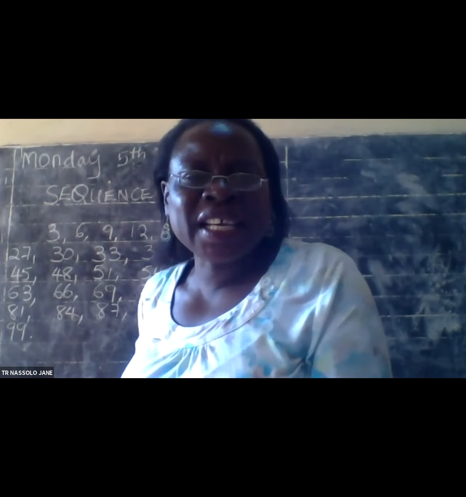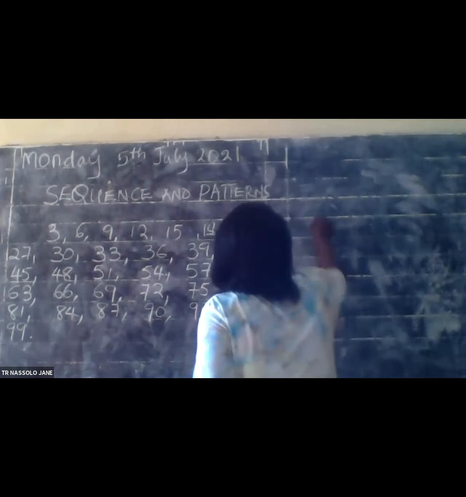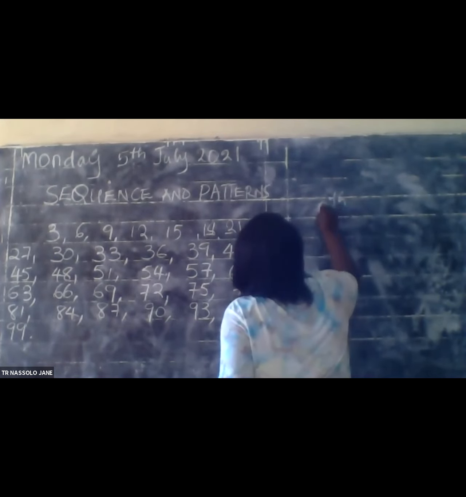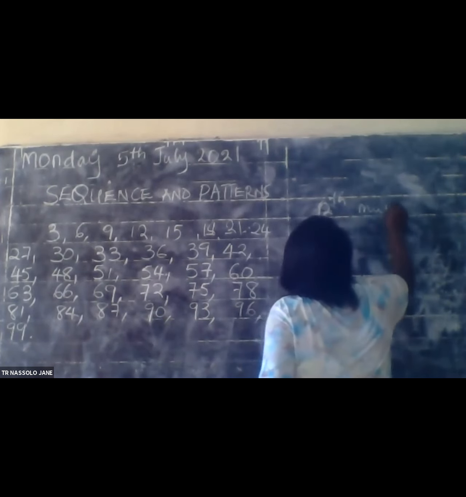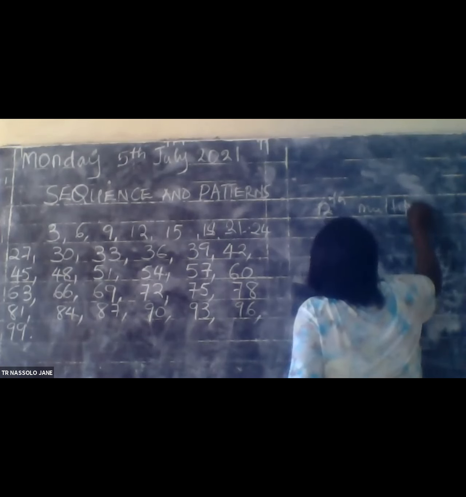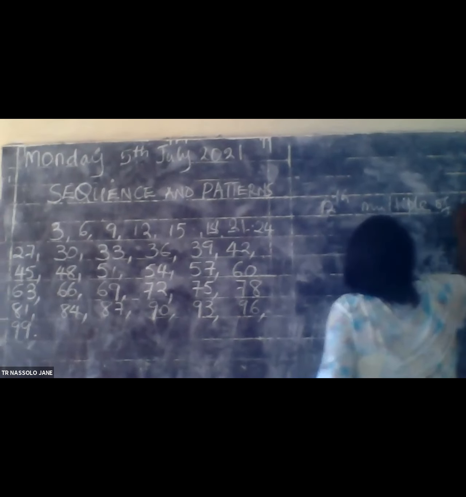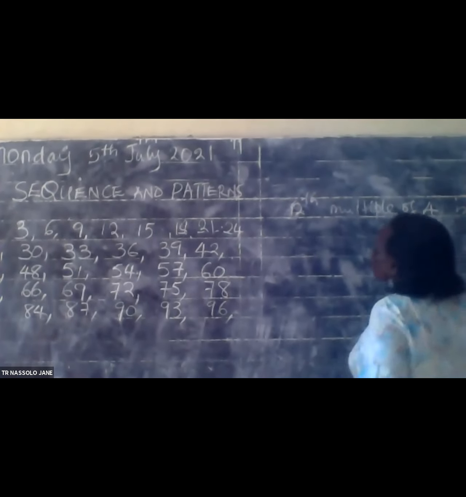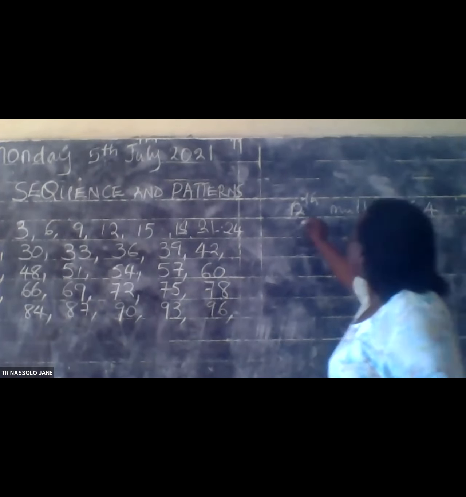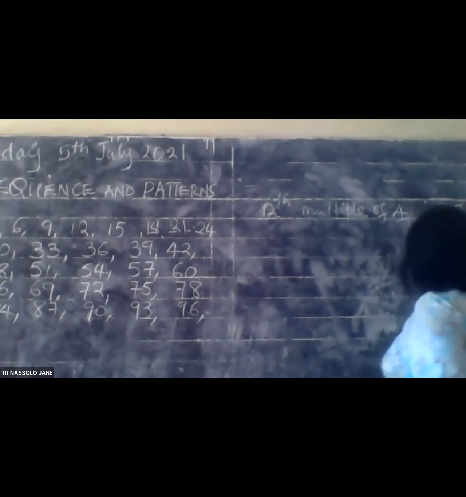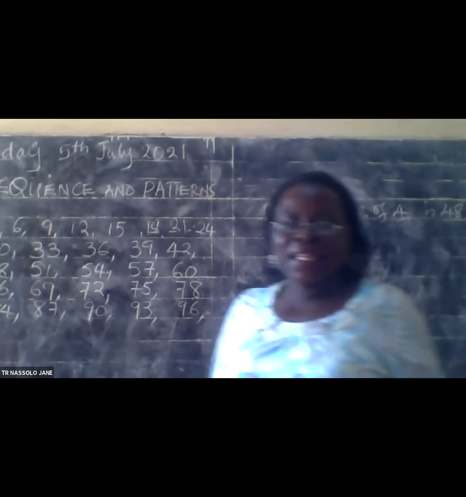And how do we get these numbers? The 12th multiple of 4 is 48. So do we see any connection between the position of the number, then the number, and the multiple? Is there any relationship?